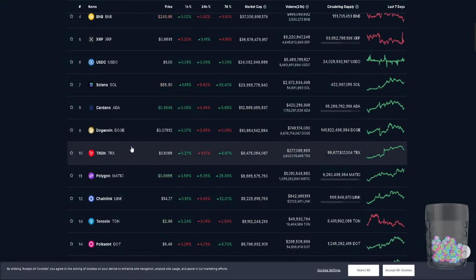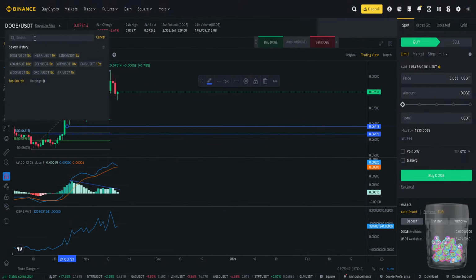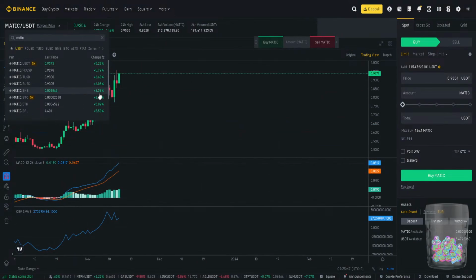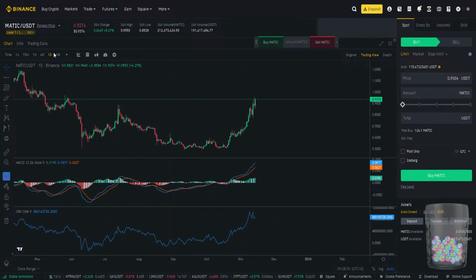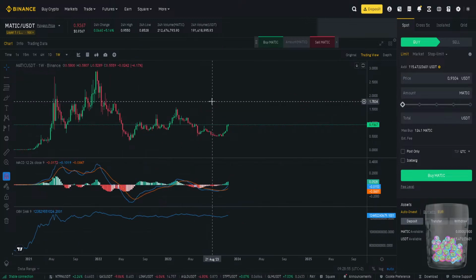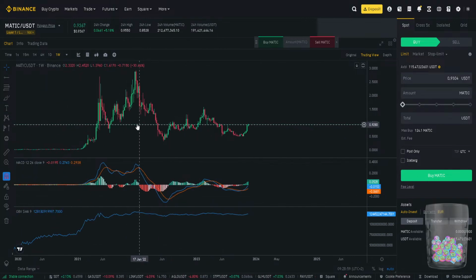Tron, I know Tron is a little bit too high, so there's no reason to really look at it. Tron is really a weird chart. So Matic's still rallying. Hasn't formed any divergences on the daily.